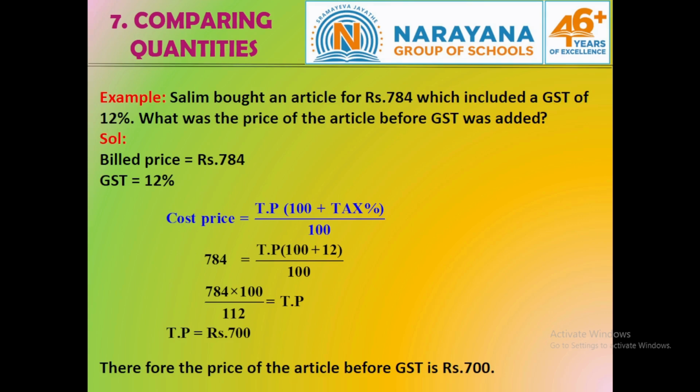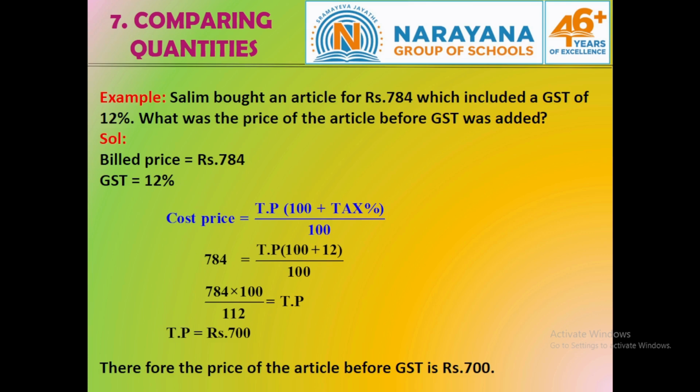See the example. Salim bought an article for rupees 784, which included a GST of 12%. What was the price of the article before GST was added? So the billed price is 784 rupees. The tax, the GST, is 12%.